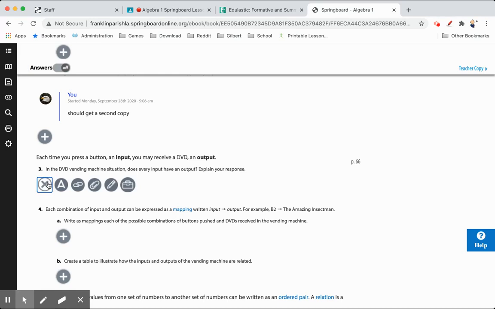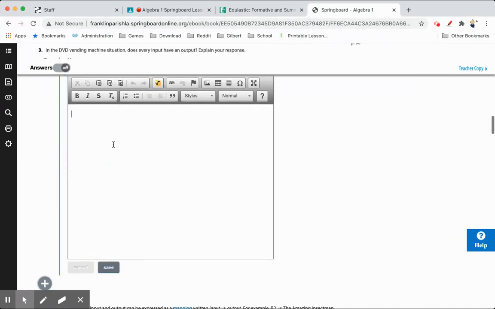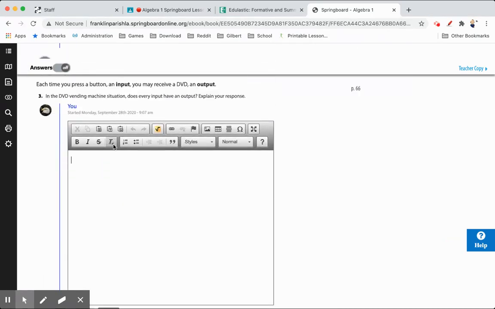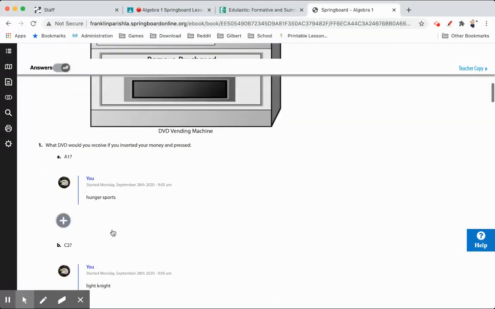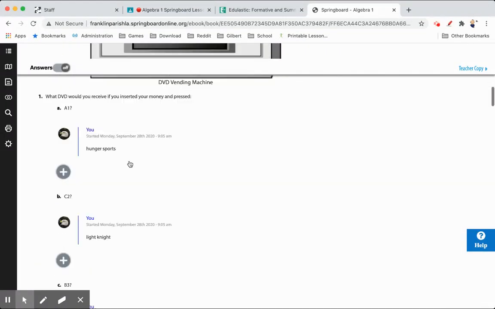So let's put that here. B1 is sold out, so it wouldn't give an output.